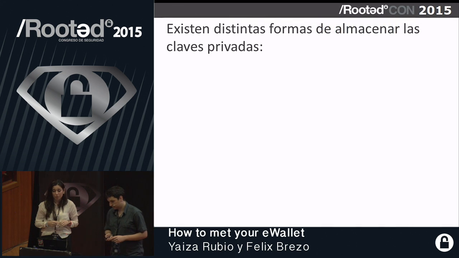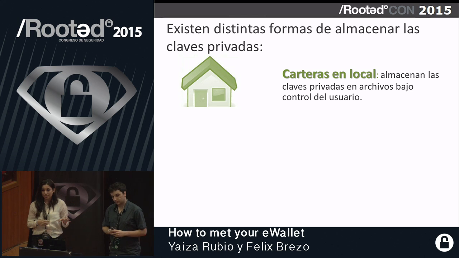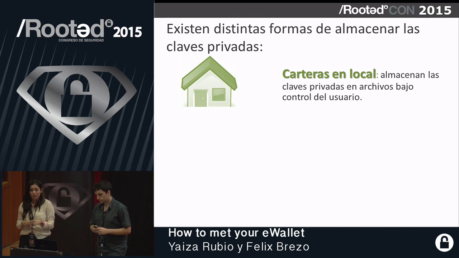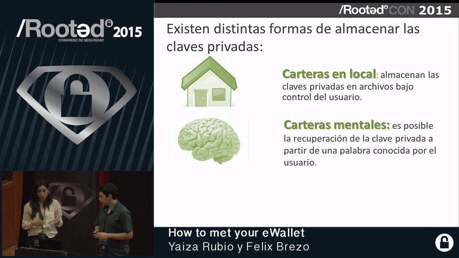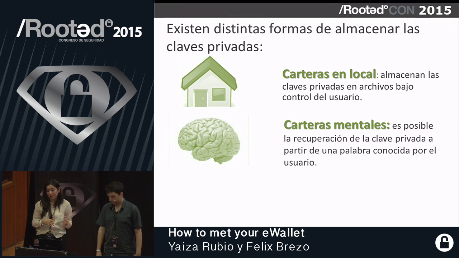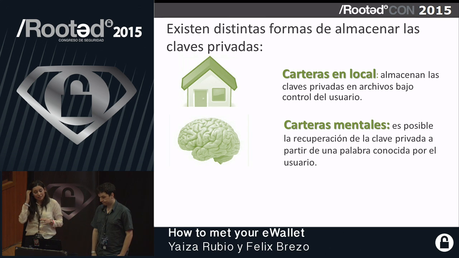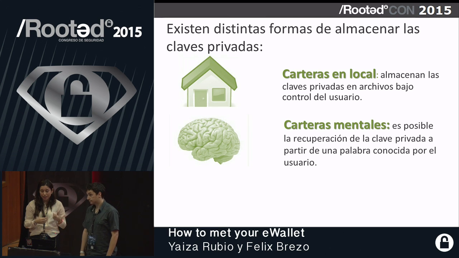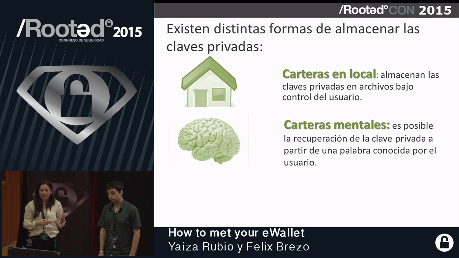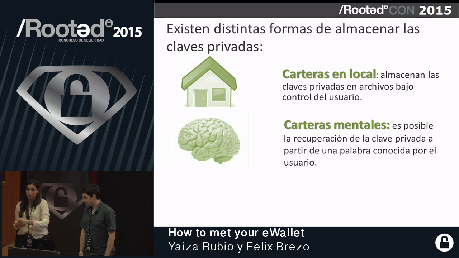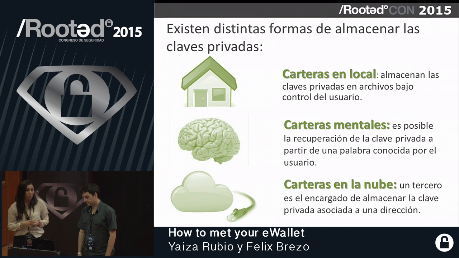Let's see the types of storage of these private keywords. You can see the file wallet available for the user at any PC. The second place, you have the mental wallets, in which the user only has to store in his head the word that generates the private password.